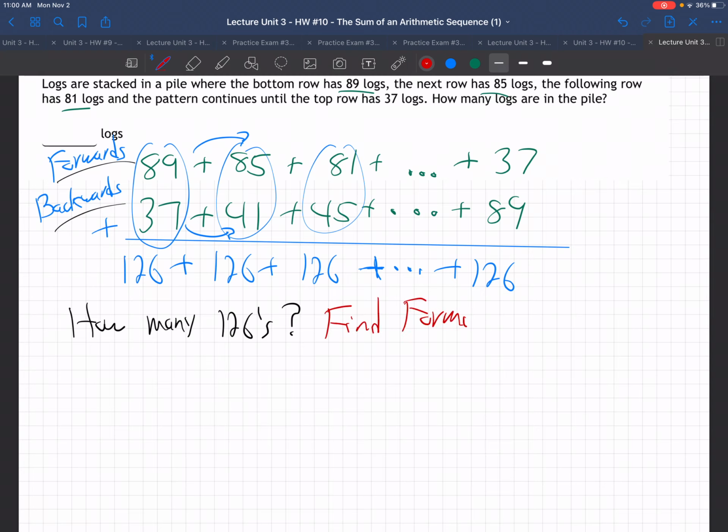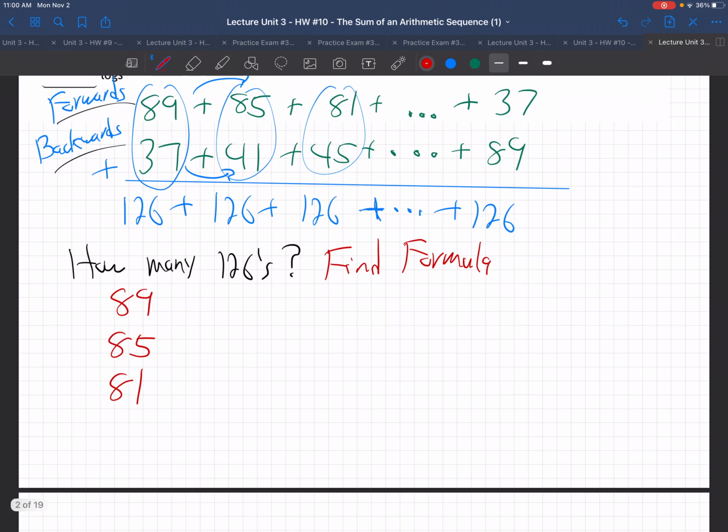So we start with 89, then 85, then 81, etc., all the way down to 37. And then we need the pattern. So you remember the pattern. This is just 89.